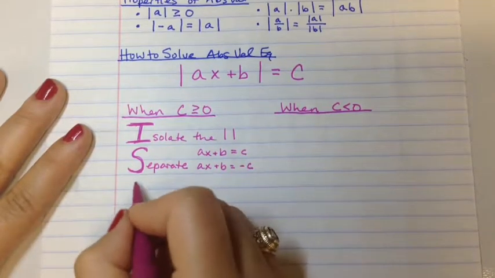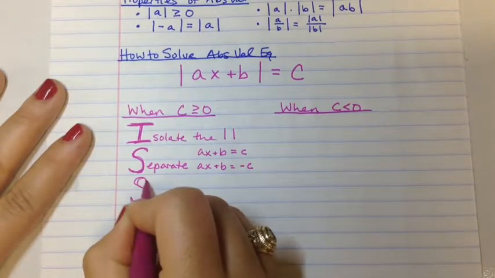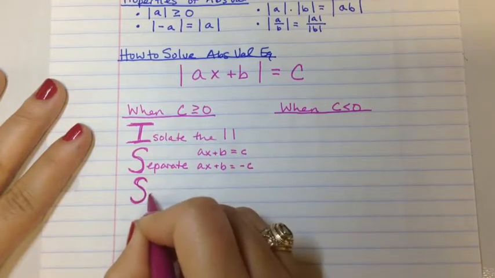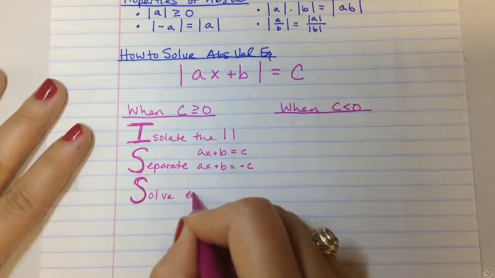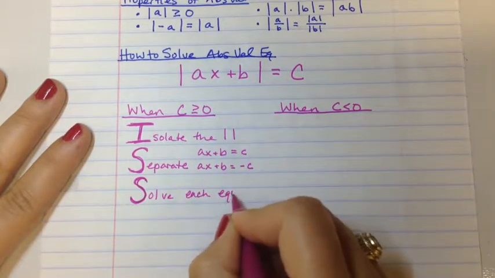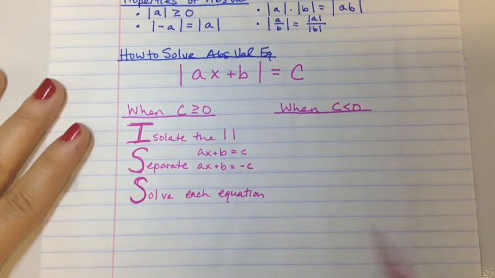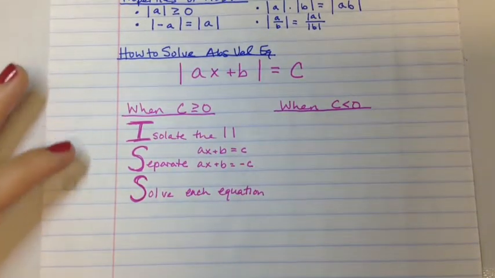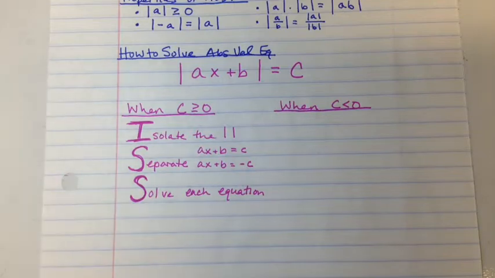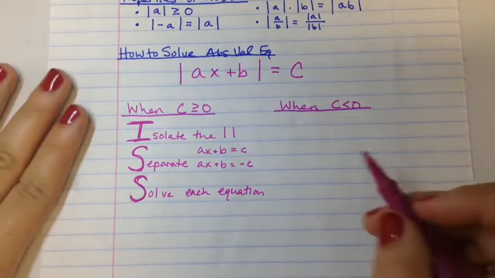The last step is to solve each equation. So you'll take the bigger equation with absolute value bars and then isolate, separate, and solve. Isolate, separate, and solve. It'll be pretty simple.